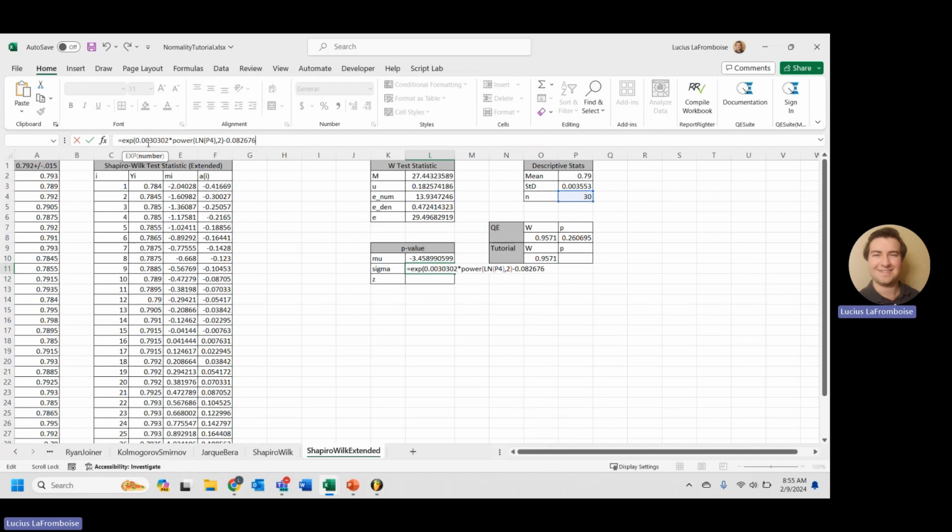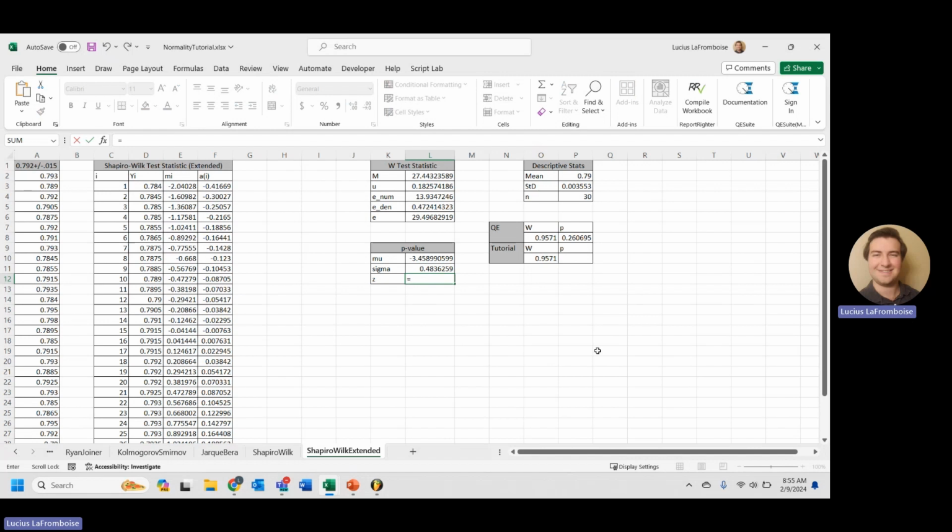So exp 0.0030302 power ln n squared minus 0.082676 times natural log of n minus 0.4803. Yep, I'll accept that. And now we have mu and sigma.